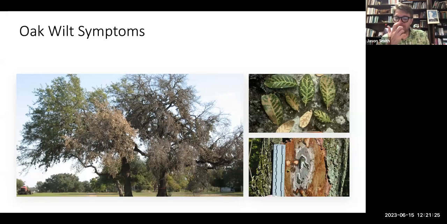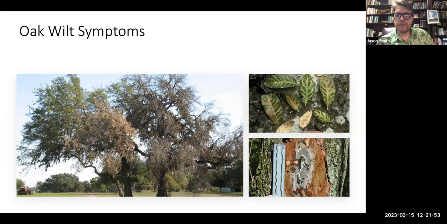That fruiting body is attractive to a number of insects, including what are called picnic beetles and other bark beetles. These beetles visit those fruiting bodies, pick up spores, and carry the spores to wounds on other oak trees, whether from storms or from pruning activity. And that's how the pathogen is initially introduced into a new tree.